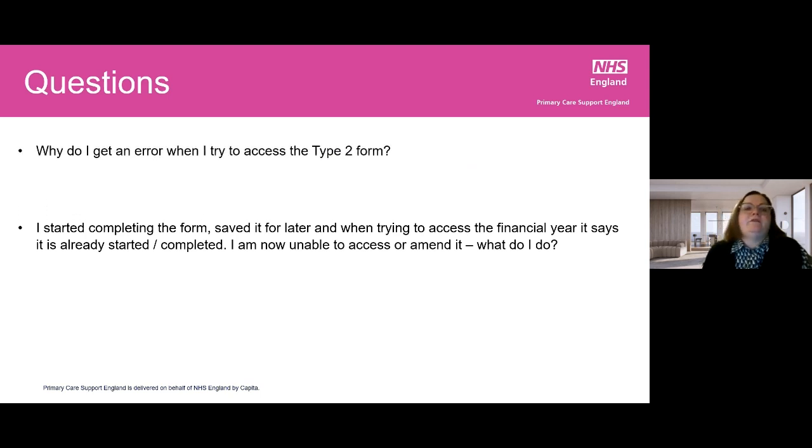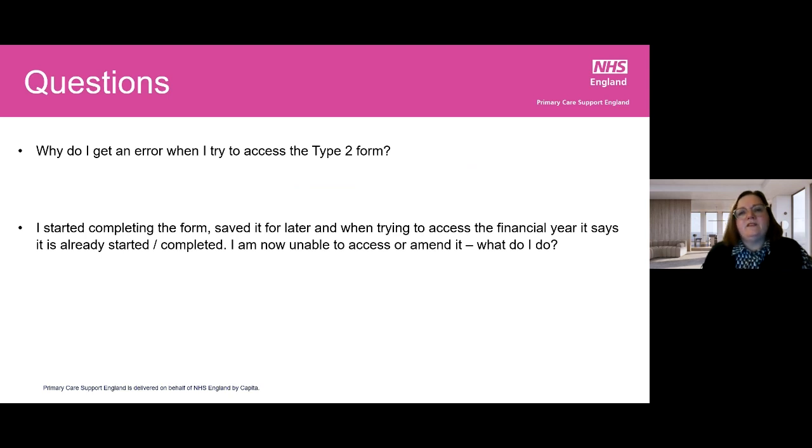Some people flagged that they get an error when they try to just click on the Type 2 button. They don't get very far, and that tends to come from a fairly similar root cause to the one we talked about in quite a lot of detail earlier, where on the employee contribution statement, the GP couldn't see any contributions for 22-23.